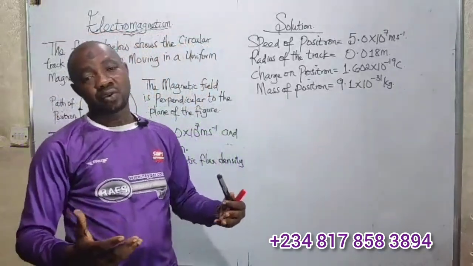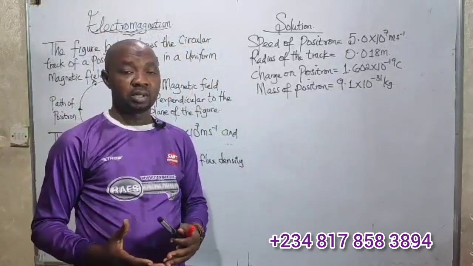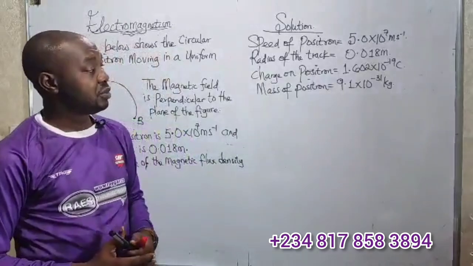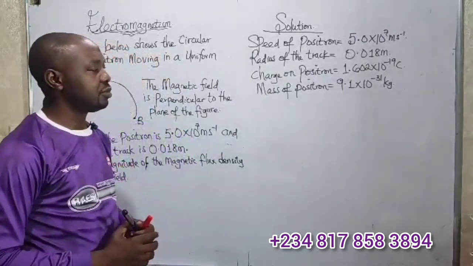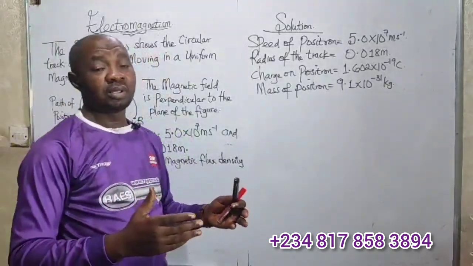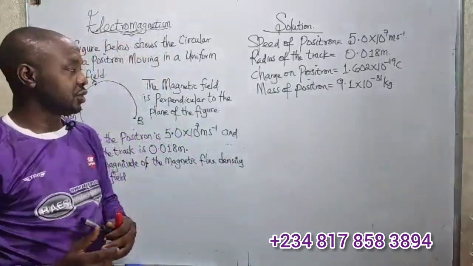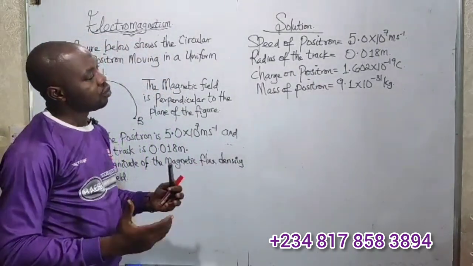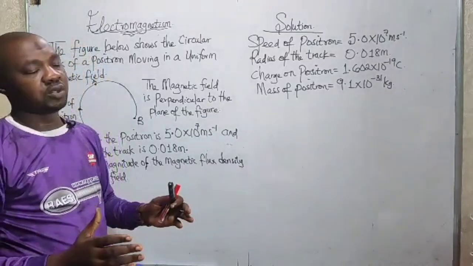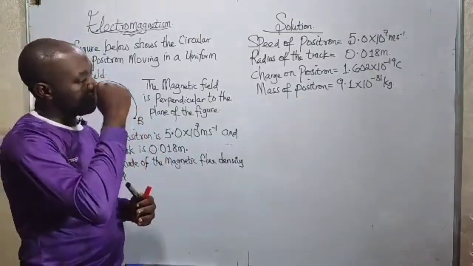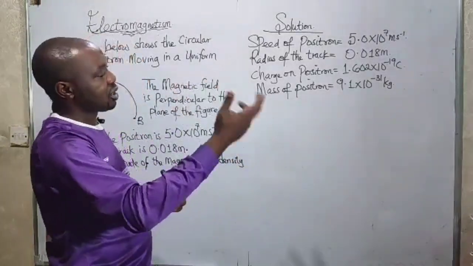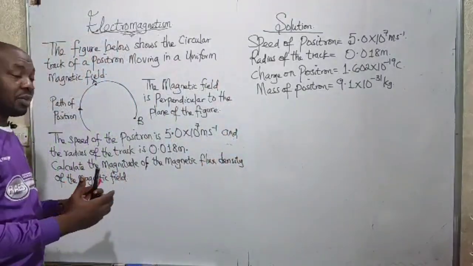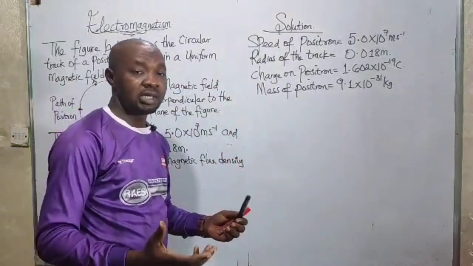Just like we have the mass of proton, 1.675 times 10 raised to the power of minus 27 kilogram, while the mass of neutron is 1.673 times 10 raised to the power of minus 27 kilograms. So we have the speed of positron, the radius of the track, the charge on positron, and the mass of positron.